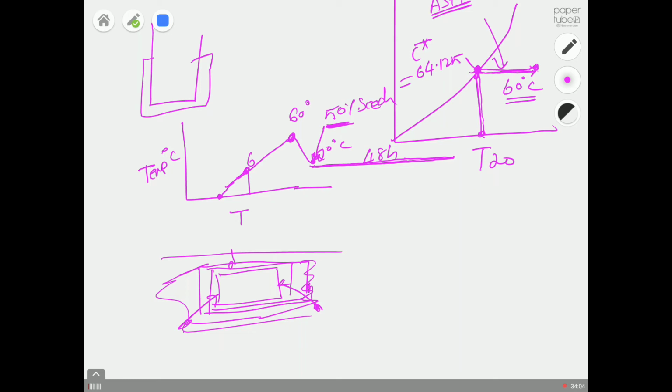At 20 degrees centigrade this should give a supersaturation ratio of 1.18.